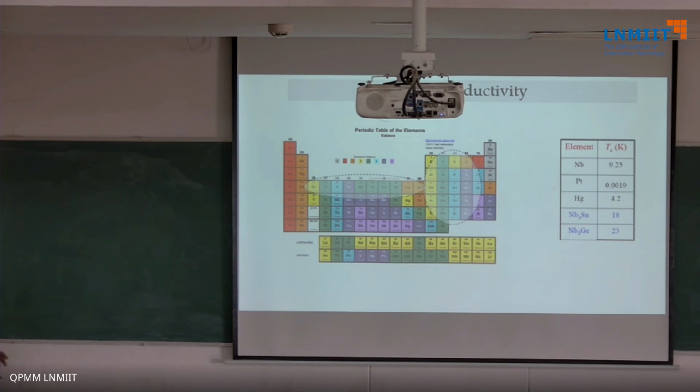One has larger correlation between the electrons, and one has smaller correlation between the electrons. The overlap of the electronic wave functions is limited in the magnets, and it is larger in superconductors. I mean, don't take this whole area literally. They just wanted to make sure that there are some superconductors here, but mostly these are magnets.